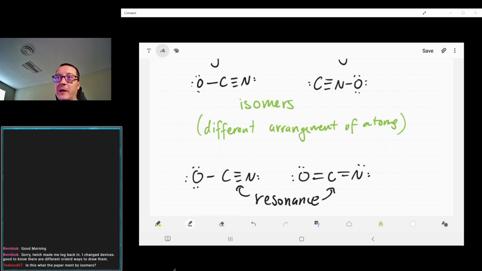What's happening in the resonance is we're bumping a lone pair, turning it into a bonding pair, and taking a different bonding pair and turning it into a lone pair. So we're just pushing electrons around. We're just shifting our bonds. That's what resonance is. Isomers are going to be completely different arrangements. So that's the difference there.